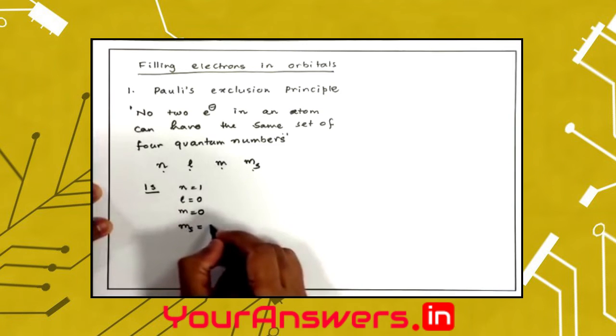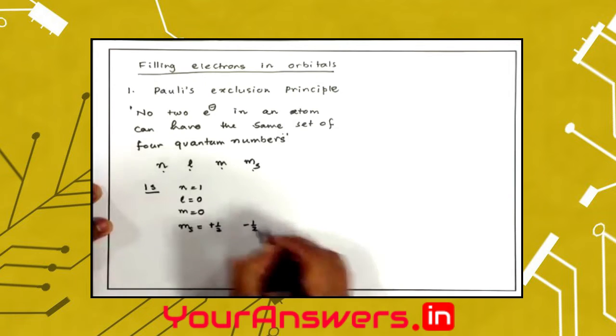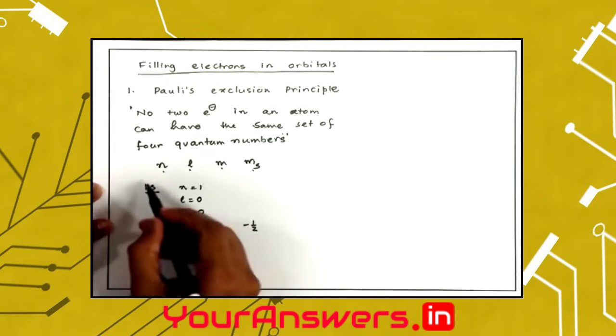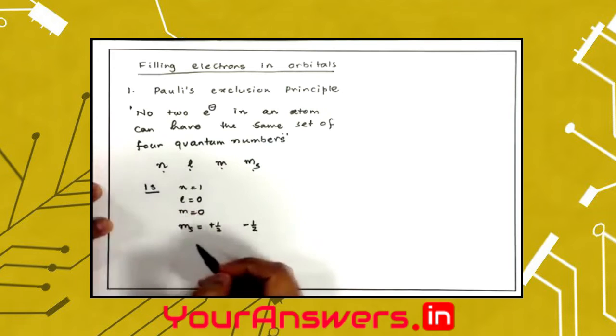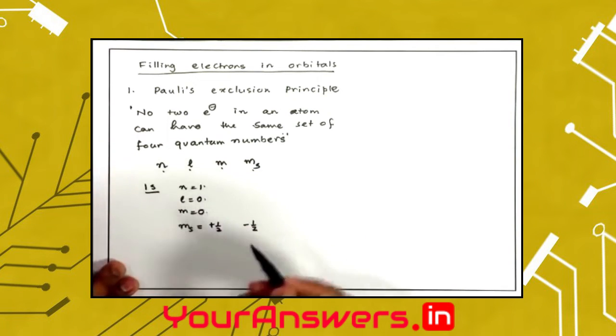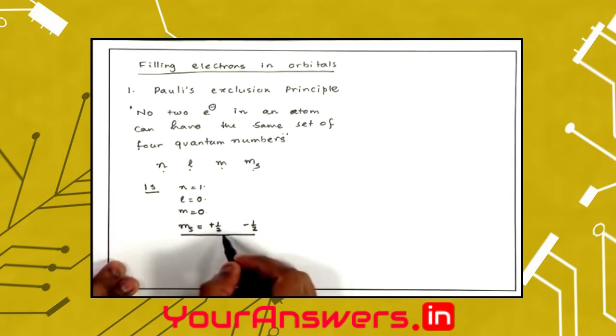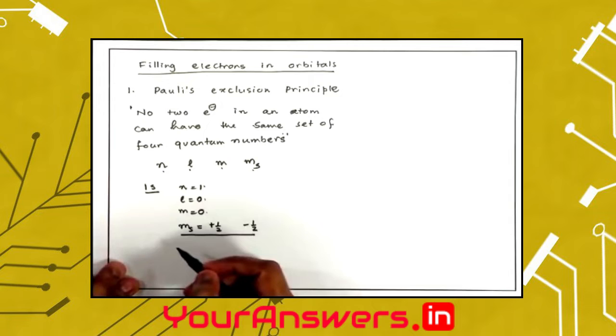We know ms can have either plus half or minus half. So in this way, the 1s orbital has a given value of n, a given value of l, a given value of m. We cannot play with it. All we have is this: there are 2 possible values of the spin quantum number. Either it can be plus half or it can be minus half.